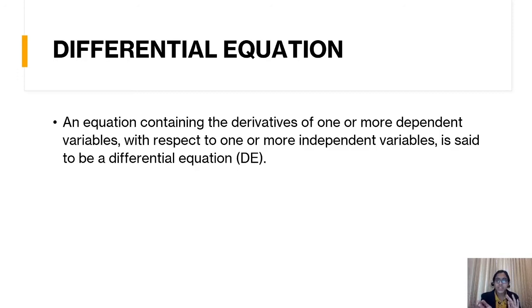Now if you consider x as a function of u and v, that is when the partial derivative comes into existence: dou x by dou u, dou x by dou v. In that case x is the dependent variable, depending on u and v, which are the corresponding independent variables. So that is the dependent variable and independent variable, and what is meant by a differential equation.